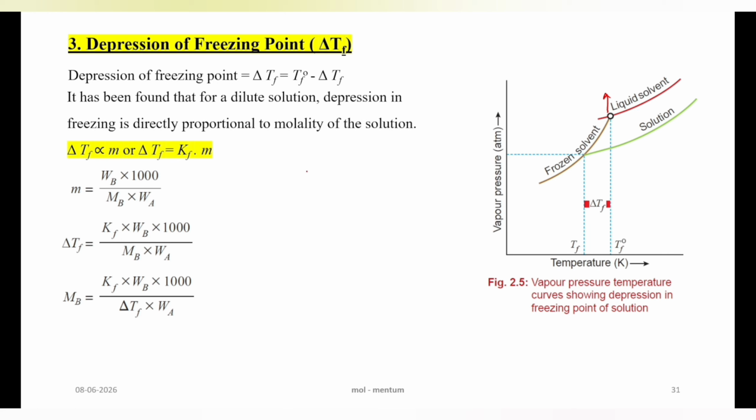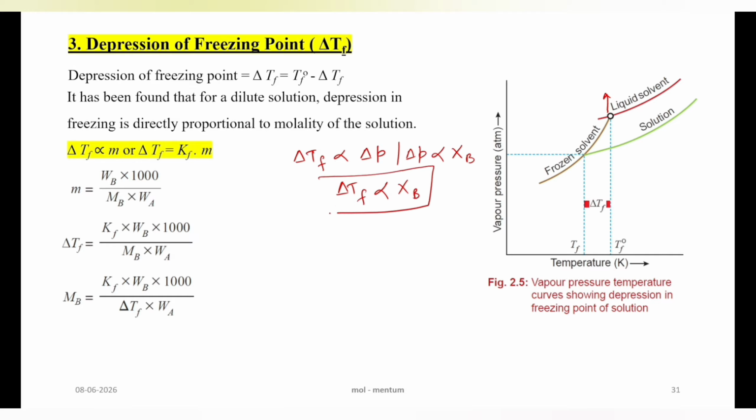The same thing we can write as delta TF. If you increase more solute, there will be more lowering of vapor pressure. That means delta TF is directly proportional to delta P. Second part, Raoult's law, delta P is directly proportional to chi B. So we can write delta TF is directly proportional to chi B.